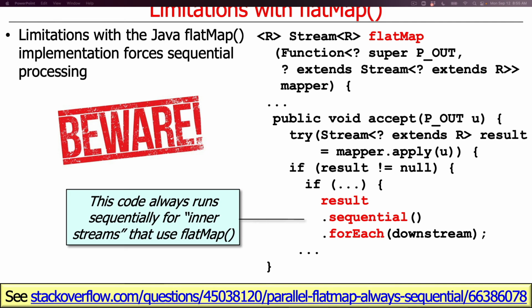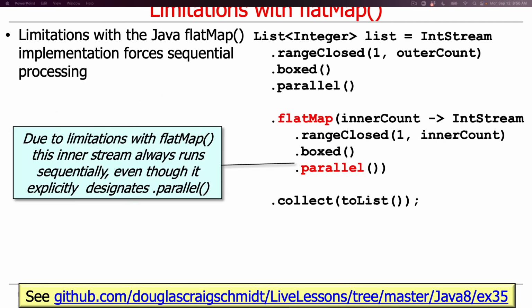Well, it turns out that if you look at the implementation of flatMap, flatMap will force all the inner streams, and I'll explain what that means shortly, to be run sequentially. So it's actually not useful in a parallel program. Very quirky. So here's an example. I'm just going to go through this quickly because we're going to walk through the code here in a second in detail.